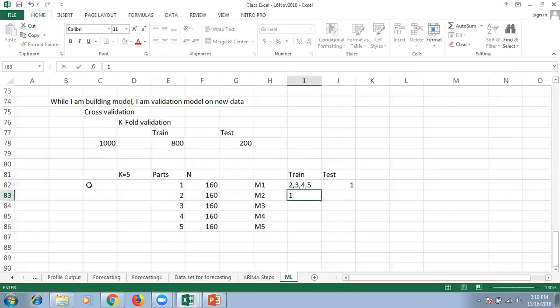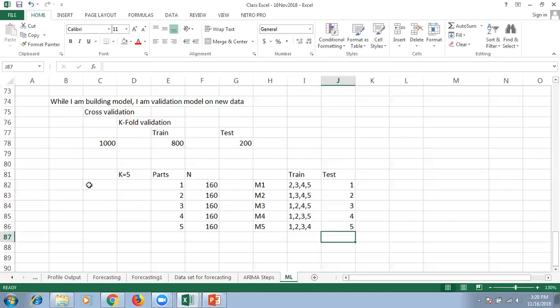And 1, 3, 4, 5 with 2 as my test data. And 1, 2, 4, 5 with 3 as my test data. 1, 2, 3, 5 with 4 as the test data. 1, 2, 3, 4 with 5 as my test data. So like this, I can build 5 models.